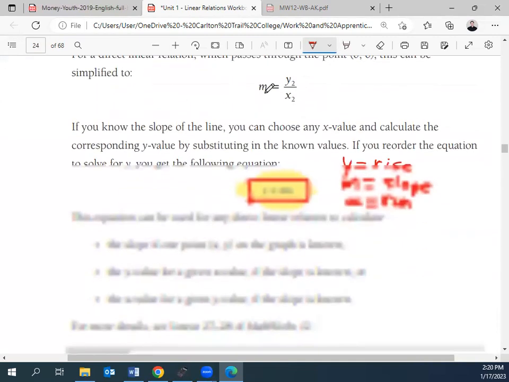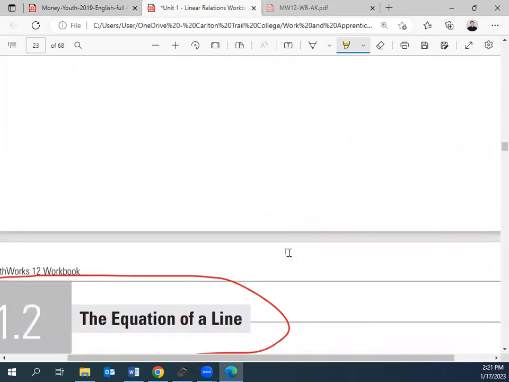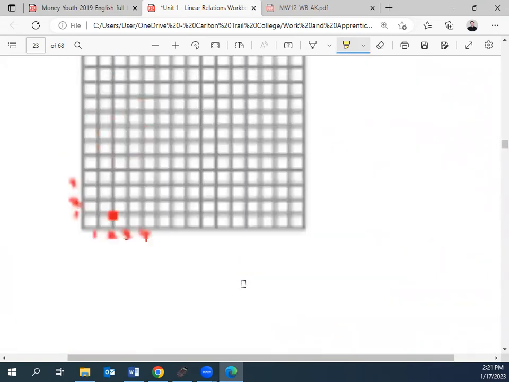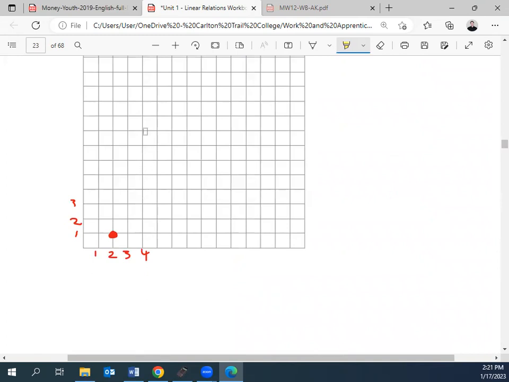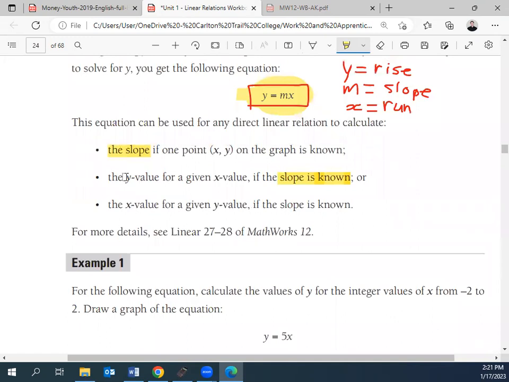I could use this formula to figure out the slope. So if I know what a point is, I can figure out the slope. If I know the slope, and I know that at some point your line's going to pass through 4 on your x-axis, I can figure out where it's going to go through on the y with that formula. So if I know an x, I can figure out a y. If I know a y, I can figure out an x, and so on and so forth.